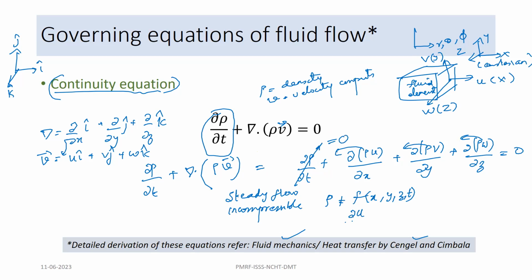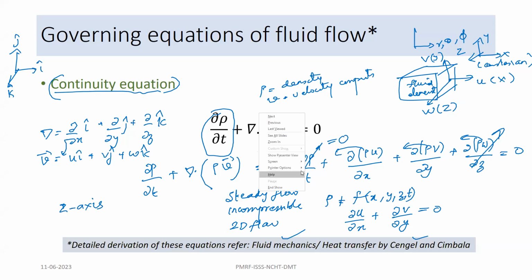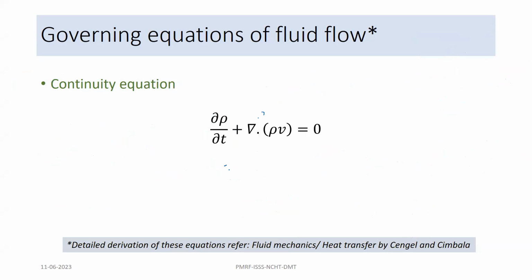It will come dou u by dou x plus dou v by dou y. And if it is a 2D planar flow, there is no z-axis component, so we can neglect this also. It simply reduces to dou u by dou x plus dou v by dou y equal to 0. This is the 2D incompressible steady flow continuity equation.